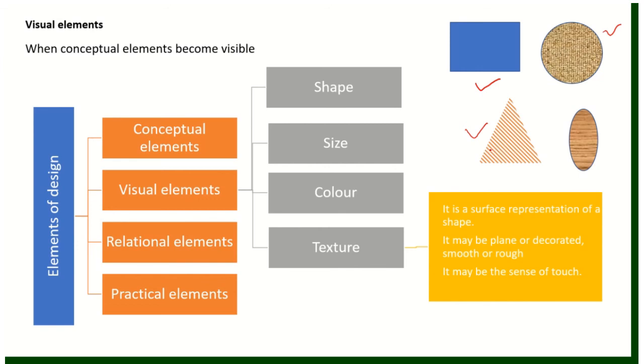Not only can we identify the surface representation of a shape visually, by seeing, but it also has a tactile texture. It is the sense of touch. By touching something we can identify that this is a rough surface. By touching, say, a smooth surface like a blanket, we can feel it and say that is the texture. So these are some of the properties of this visual element. These visual elements are shape, size, color, and texture.